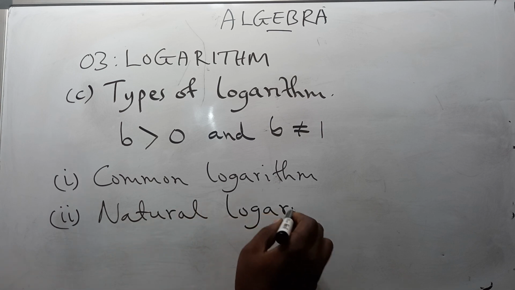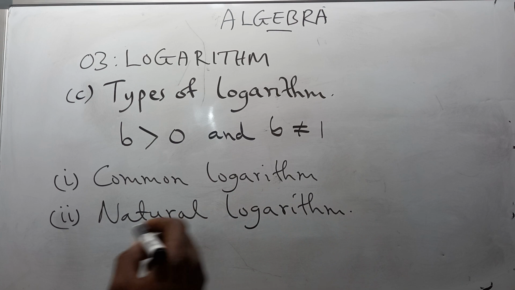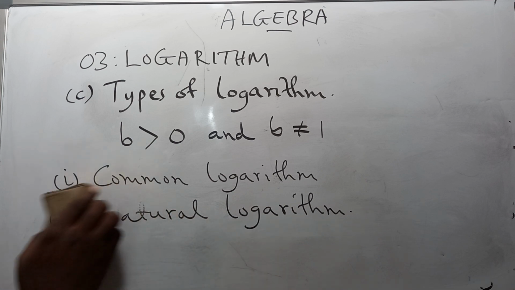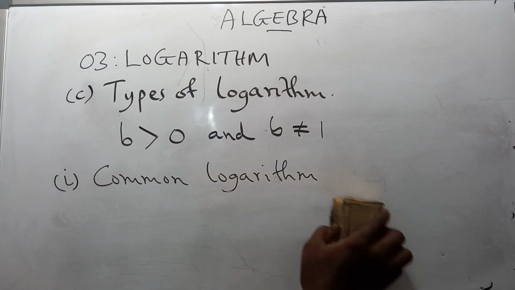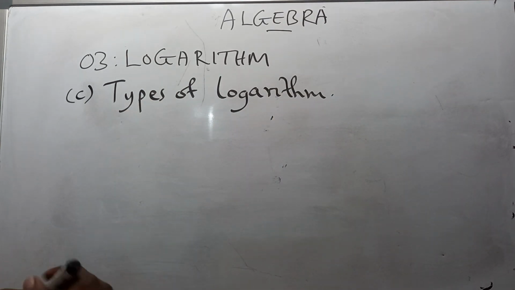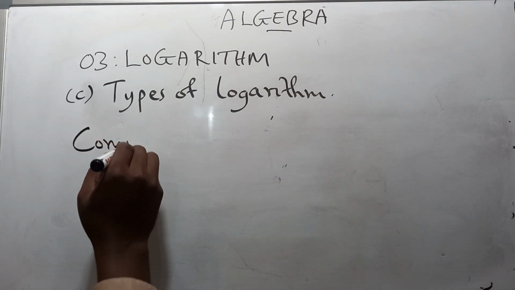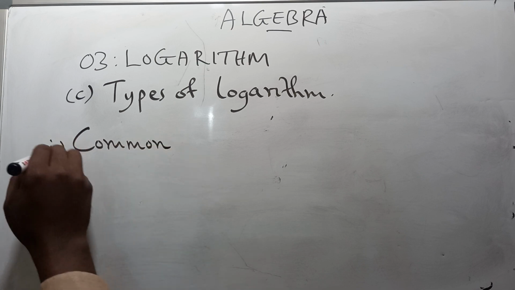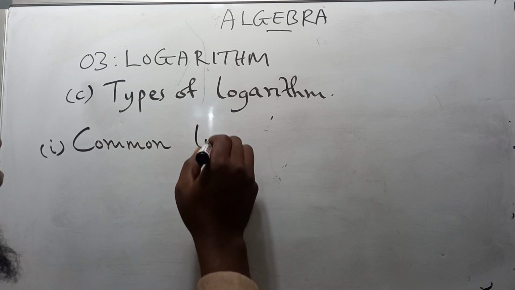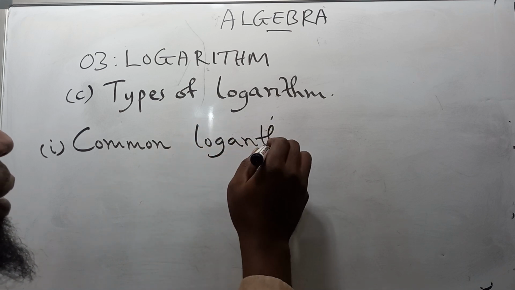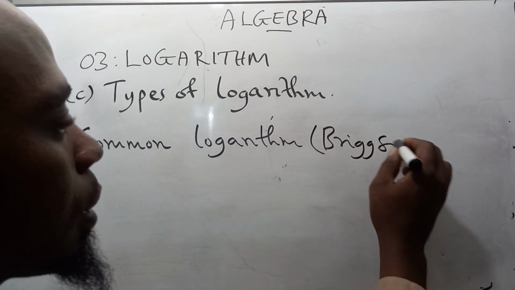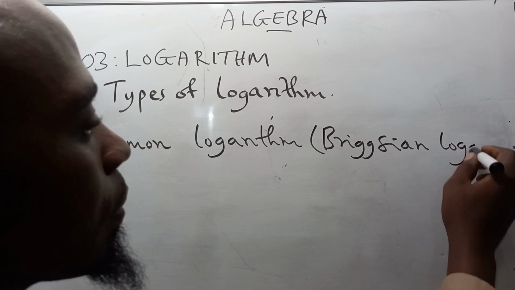Okay, let me start with the first most useful type of logarithm, which is the common logarithm. The first type of logarithm is the common logarithm, also known as the Briggsian logarithm.